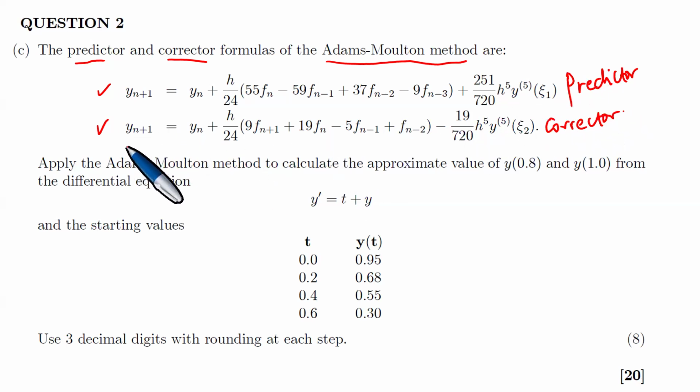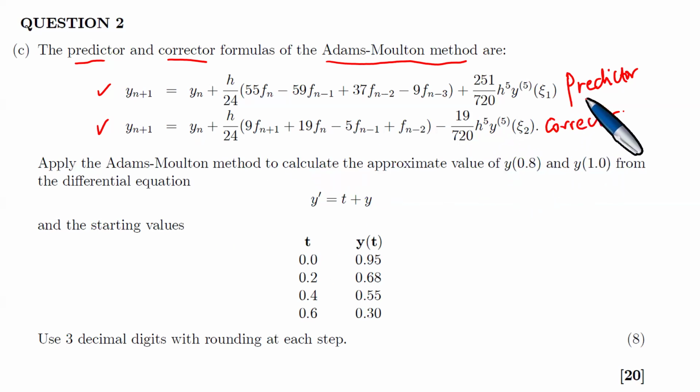The corrector is y_{n+1}, which is y_n plus h over 24, 9 f_{n+1} plus 19 f_n minus 5 f_{n-1} plus f_{n-2}, minus 19 over 720 h to the power 5, the fifth derivative of y evaluated at xi2.